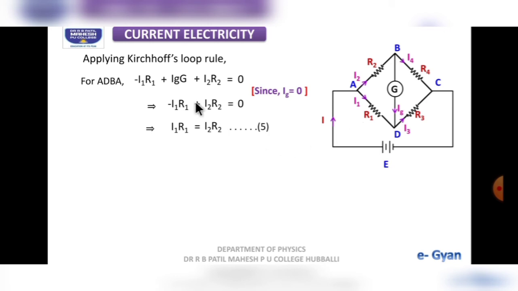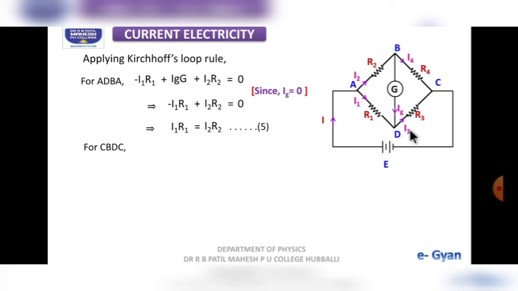Now, applying Kirchhoff's loop rule for loop C, B, D, A, again the loop direction is anti-clockwise. For branch BC, the current is flowing from B to C and the loop is from C to B, opposite to each other, hence the product of I4 and R4 is positive.